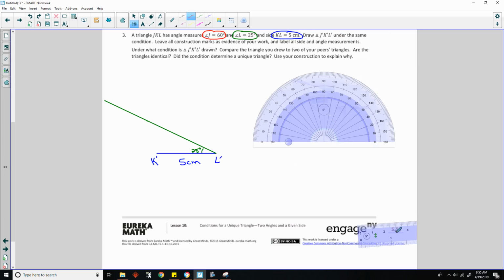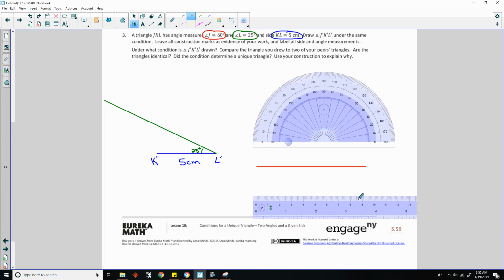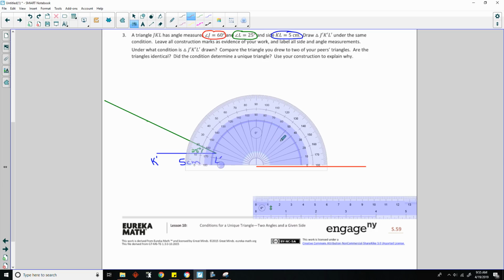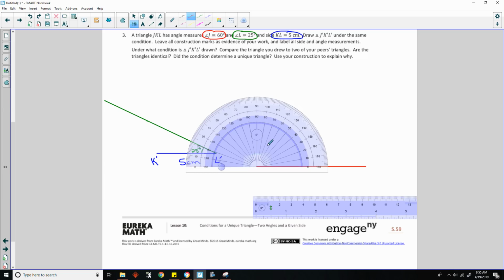I'm just going to do it here because electronically I can move my angle around like it's patty paper. So you draw a line segment on the patty paper like so, and then you'd put your protractor on one end of your segment like so. Okay, there we go, perfect.